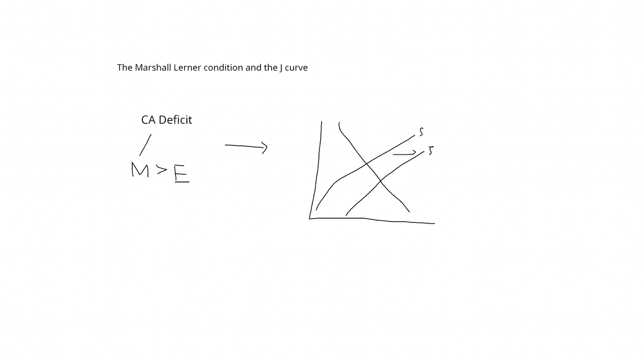Well, when you are importing more than you're exporting, you are supplying more of your currency into the foreign exchange market, right? So that makes the supply shift to the right. So that's going to drop your exchange rate from P1 to P2. So there's a decrease.